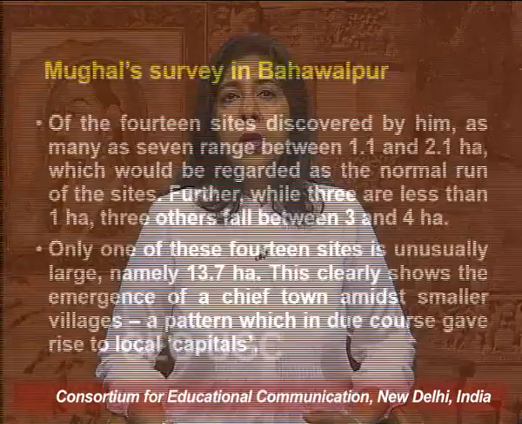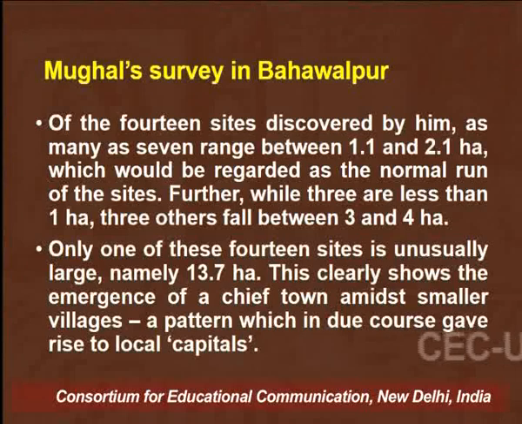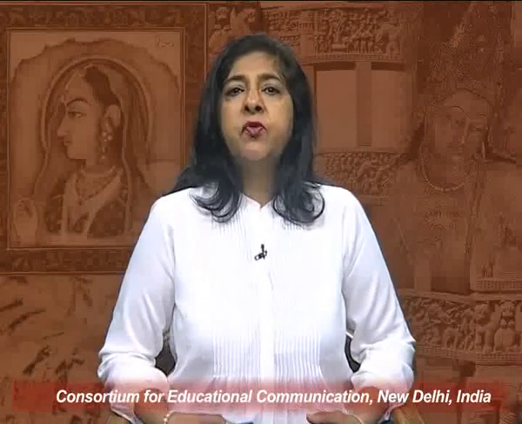Now, a very interesting survey has been conducted of this kind of pottery; one can give the example of a survey that was conducted in Bahawalpur. Of the 14 sites that were discovered by Mughal, as many as 7 range between 1 and 2 hectares, which would be regarded as the normal run of the sites.